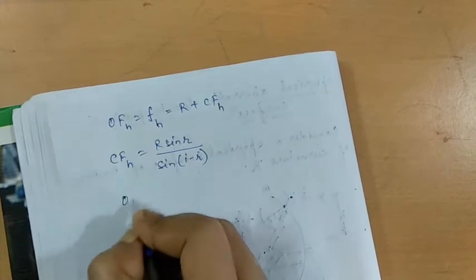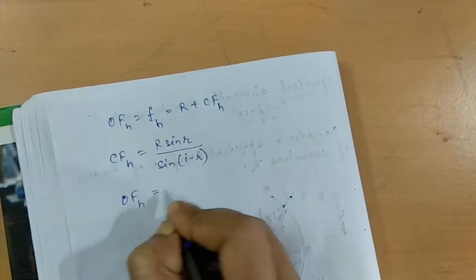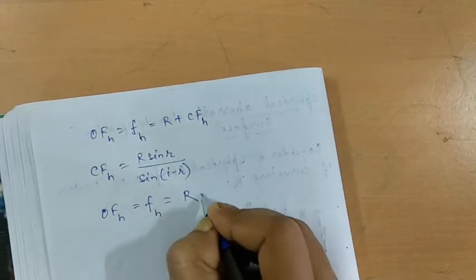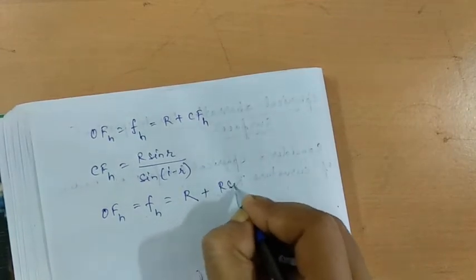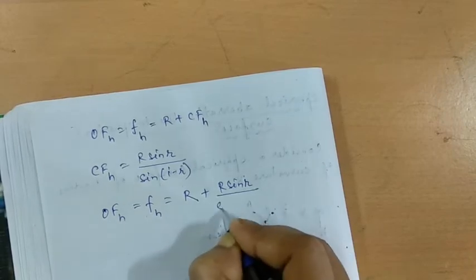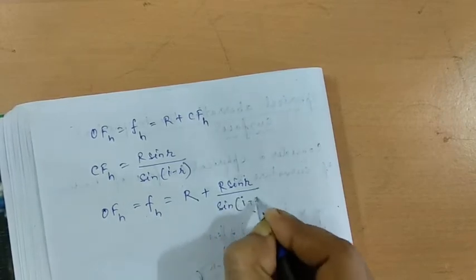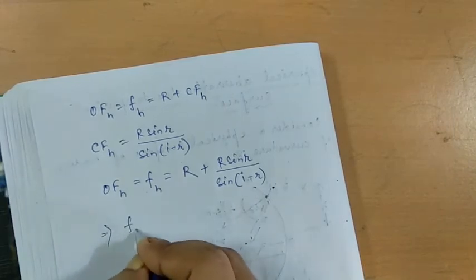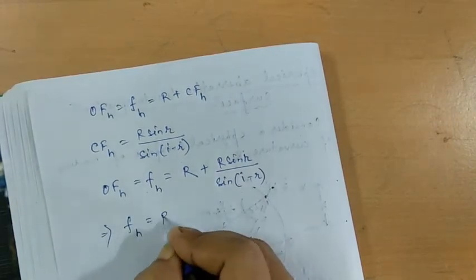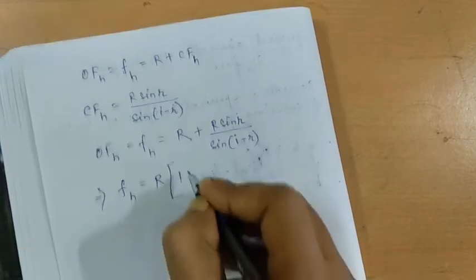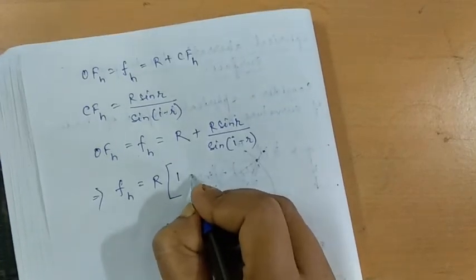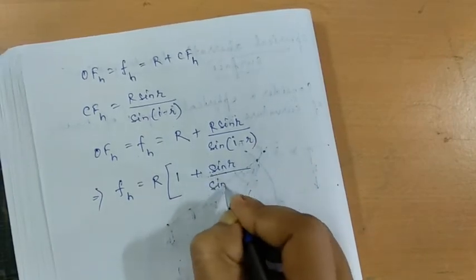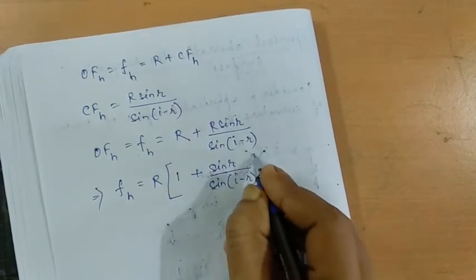So you will get OFH, that is FH, equals R plus R sin R divided by sine I minus R. So FH equals, taking R common, R times 1 plus sin R divided by sine I minus R.